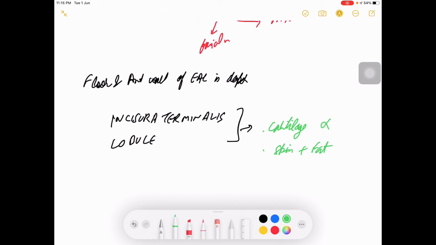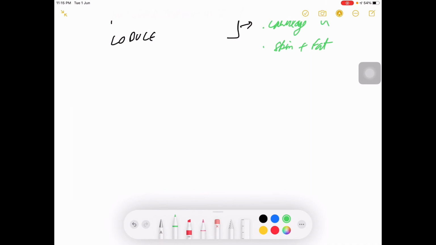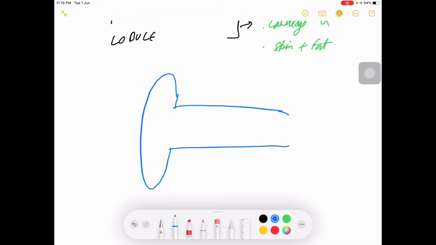Now I'll come on to that cartilaginous part and the bony part that I was talking about earlier. So this is your external auditory canal that opens. Over here you have two openings.